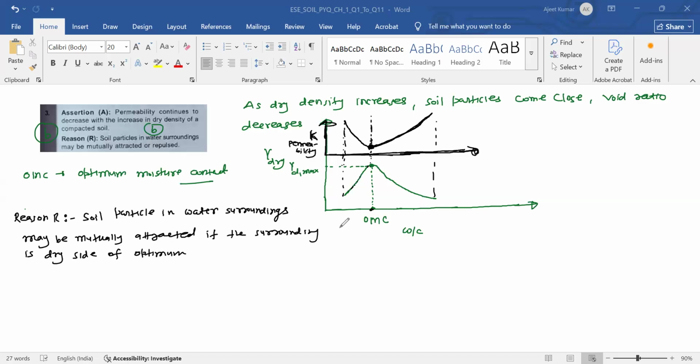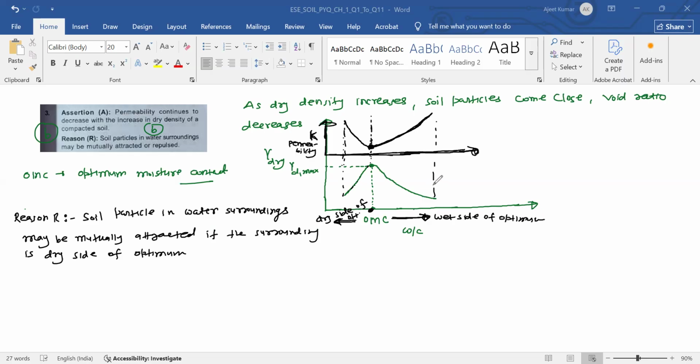This region, before OMC, is called the dry side of optimum, and this region is called the wet side of optimum.